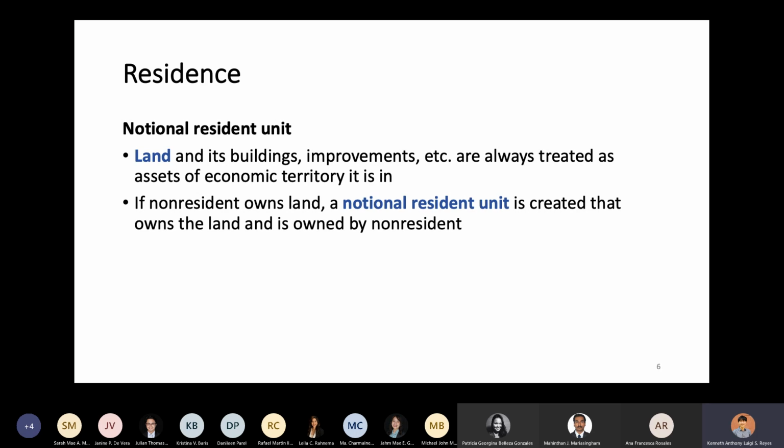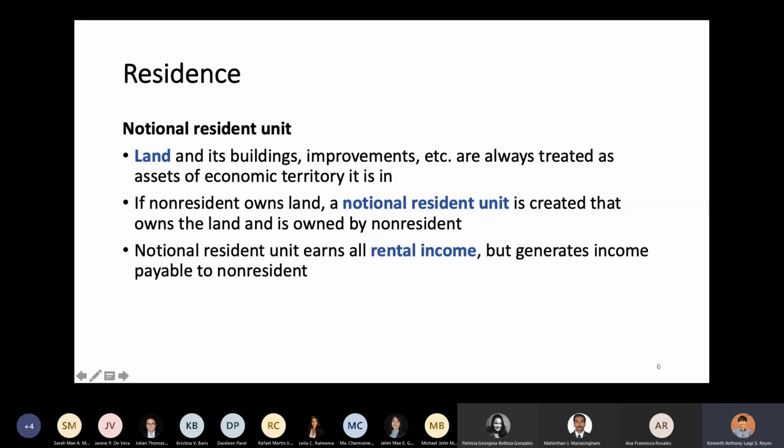So statistically, we invent the concept of a notional resident unit that we say owns that land, while the non-resident owns the notional resident unit. Any rental income and so forth will accrue to the notional resident unit, but it will then be income payable to the non-resident who owns it. In that way, we maintain the convention that all natural resources are owned by the economic territory.